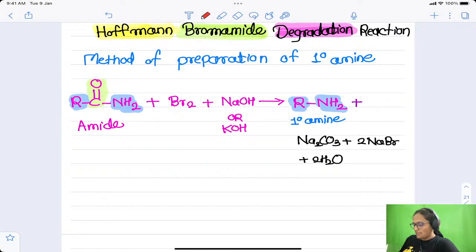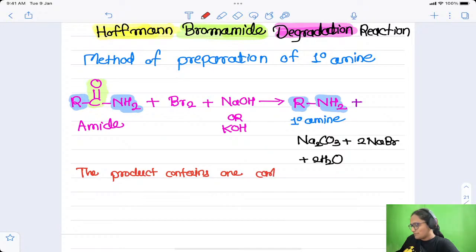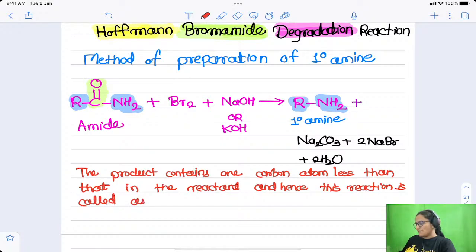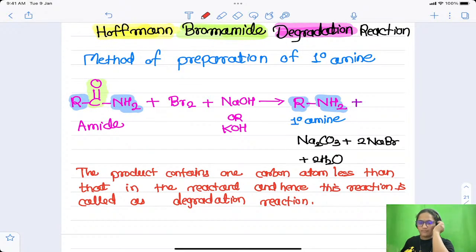Now in this reaction, what happens? The product contains one carbon atom less than the reactant, and hence this reaction is called a degradation reaction, because the product contains one carbon atom less as compared to the reactant.